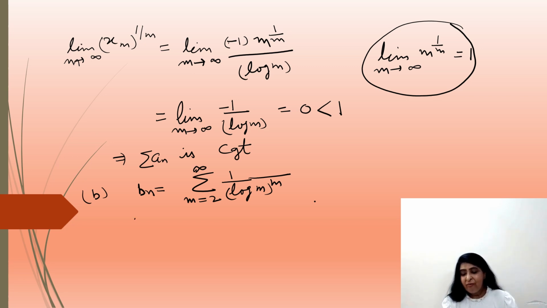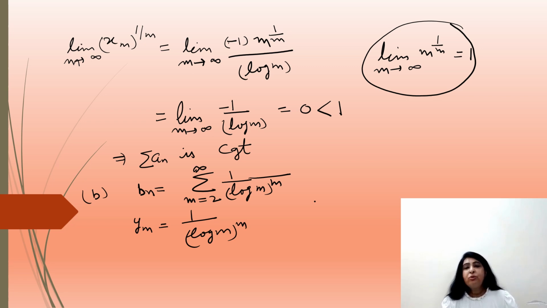So let us take ym is equal to 1 by (log m) raised to power m.